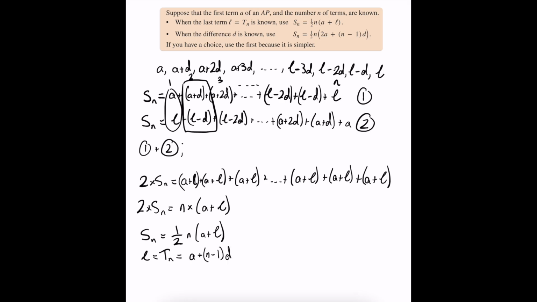And so if we substitute this for L, because we know that this is equal to L, then what we also get is that Sn is equal to half n outside of (A plus our L, which is A plus (n minus 1)D), which is just equal to half n outside of (2A plus (n minus 1)D).